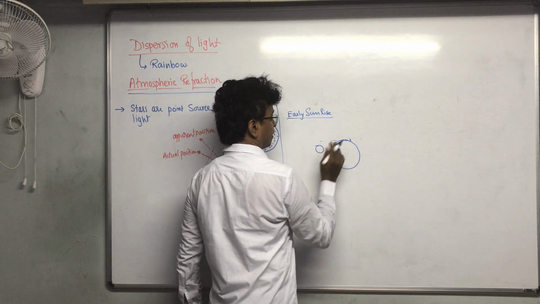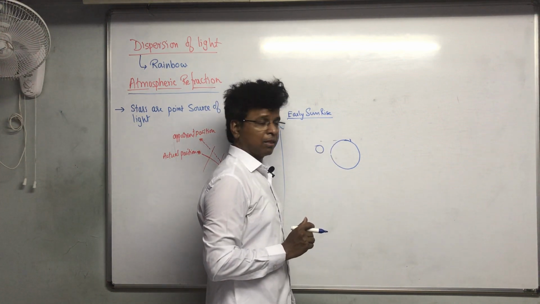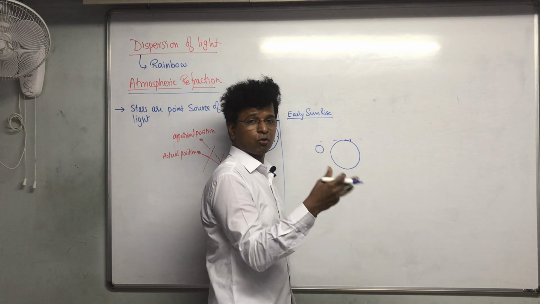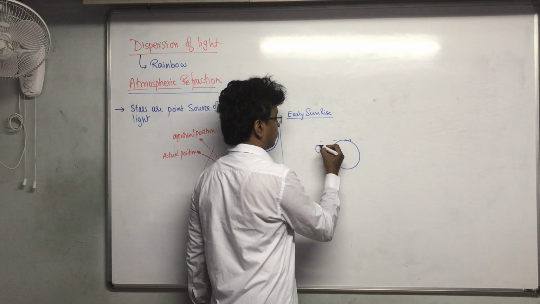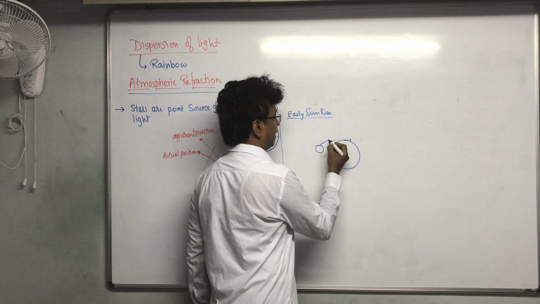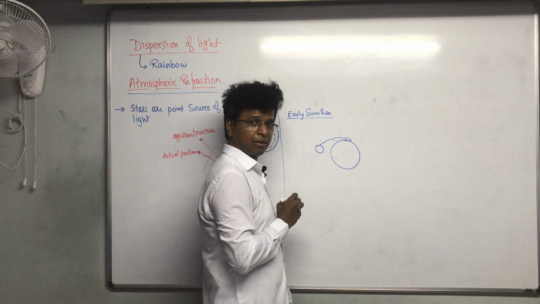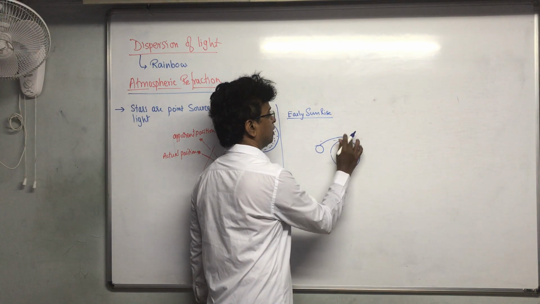Now, because here at the horizon the density of the atmosphere continuously goes on changing, it is continuously increasing, the rays of light that come from here keep on bending, and then they reach over here to the observer.